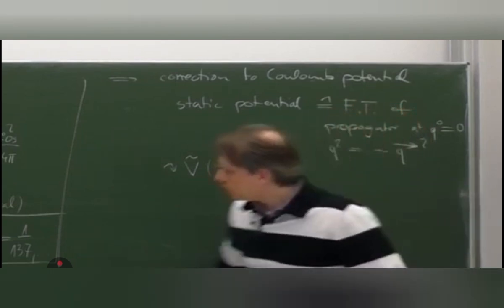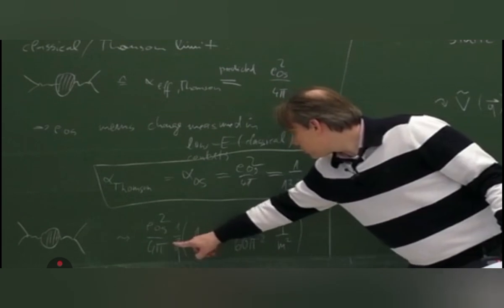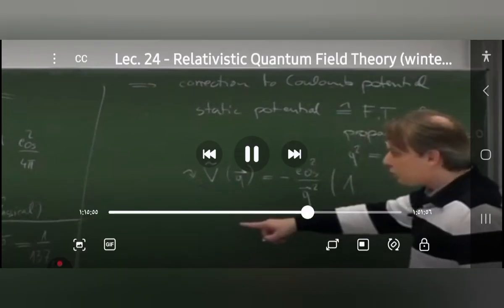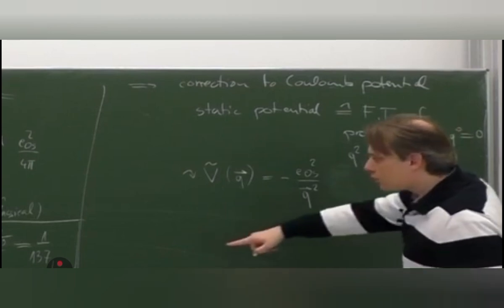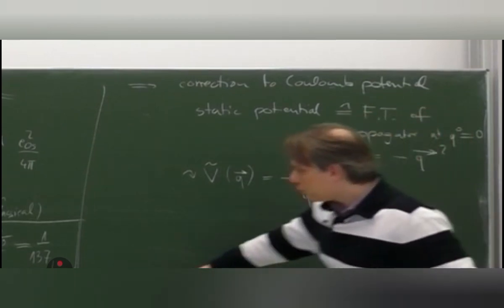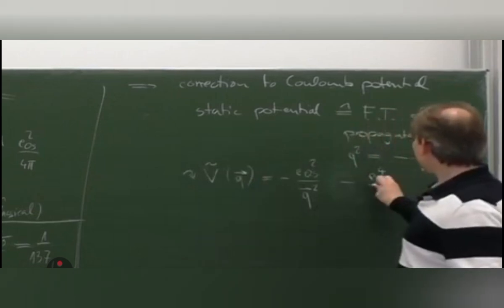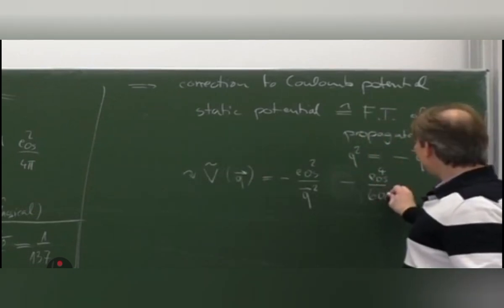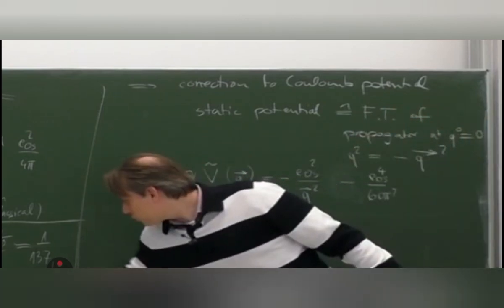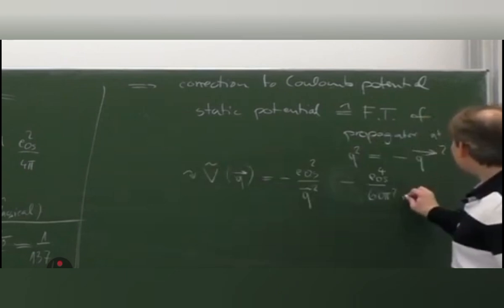So let's remove the 4 pi, they are not important now. e on-shell square divided by minus Q square, and then in the bracket we get, or let's do it without bracket, so we have this minus the next term with e on-shell to the 4th power divided by 60 pi square, and actually Q square over Q square drops out, times 1 over m square.